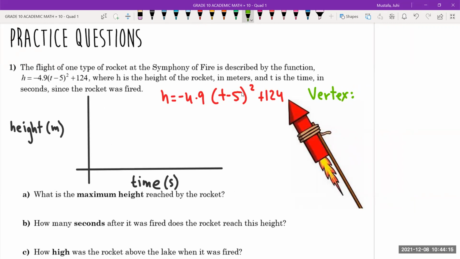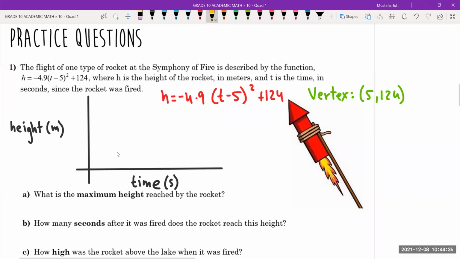You're really, really close. The only thing I would change is I would not make it a negative 5. I would change the sign and make it a positive 5. Okay, so everything in the bracket here, change the sign. So your vertex is going to be at 5, 124.